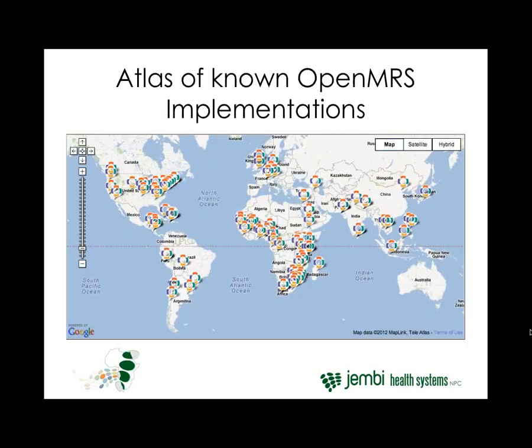As mentioned earlier, OpenMRS is an open source medical record system that we have a lot of experience with, and this is an illustrative map taken from the OpenMRS website as to where they've deployed systems or have registered deployment of groups using it.